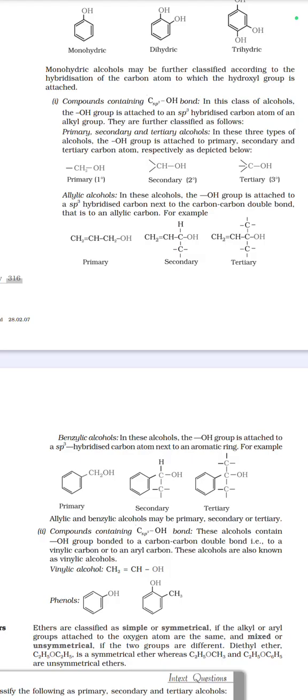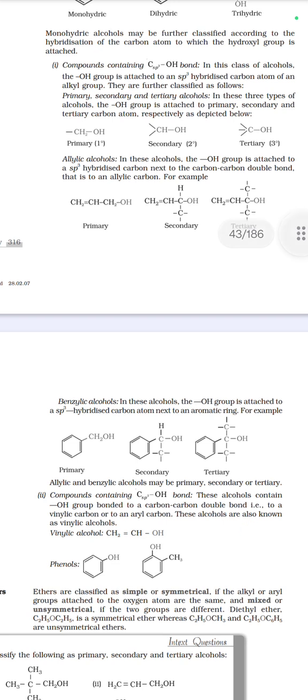They are further classified as follows: primary, secondary, and tertiary alcohols. In these three types of alcohols, the OH group is attached to a primary, secondary, and tertiary carbon atom respectively, as depicted below. Primary, secondary, and tertiary alcohols are structured as given above.